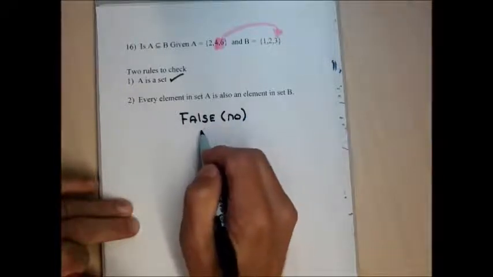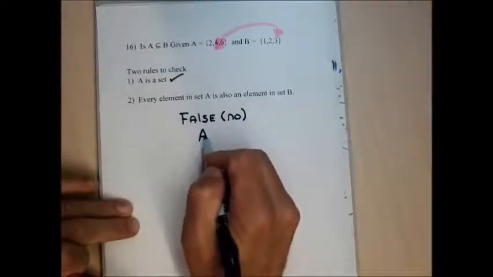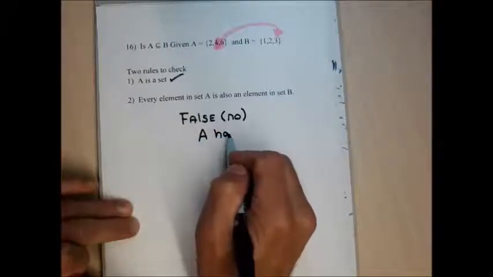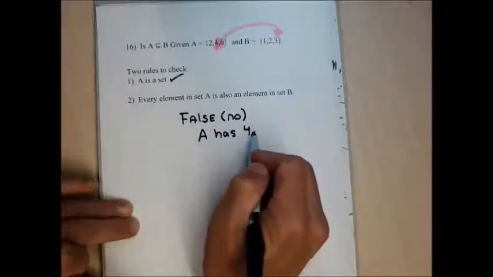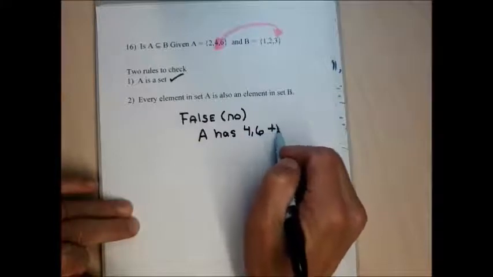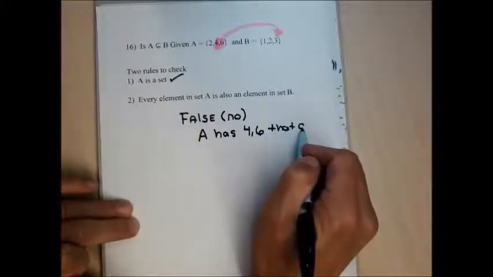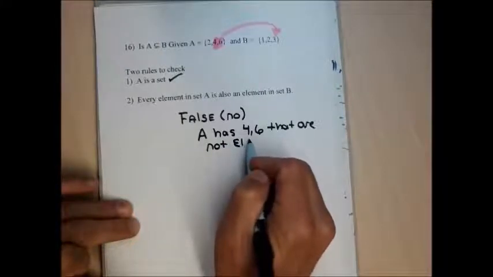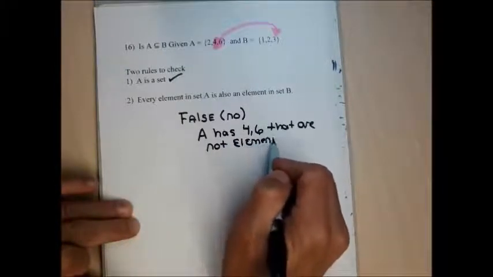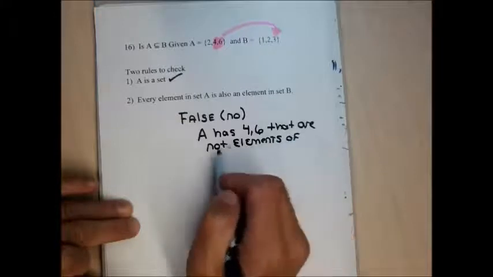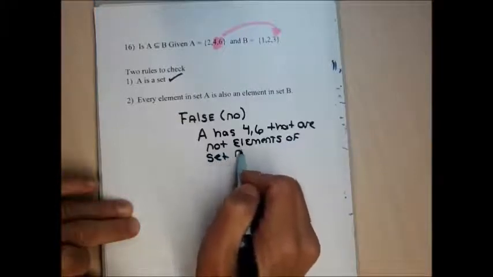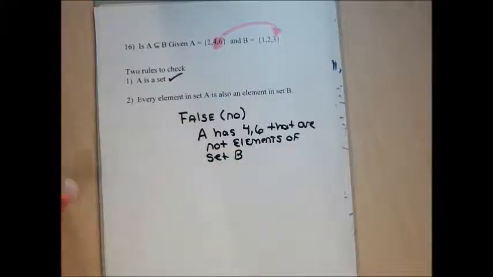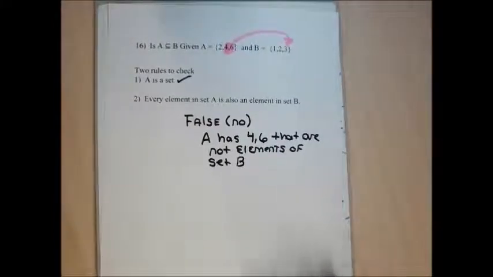And I'm going to say that A has elements that B doesn't have, or A has a 4 and a 6 that are not in B. Something like that. I guess you could just say rule 2 is violated, and I'd live with that just fine.